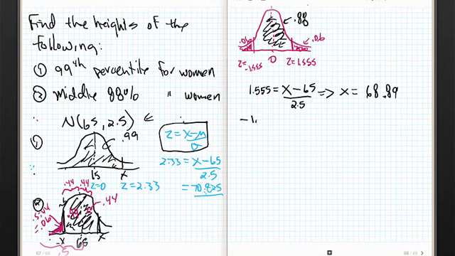Now, if I do negative 1.555 equals x minus 65 over 2.5, remember what I did? I just found the x value that corresponded to z sub 0.06, another way to think about it, or that corresponded to the right boundary of that.